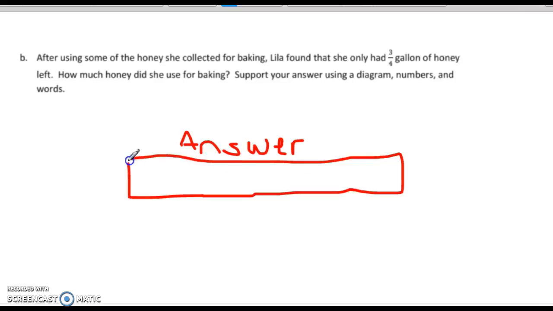We're going to break the answer into some, because she used some honey, and we don't know how much that is. This is what she used, some, and then she had 3/4 of a gallon of honey left. So there's 3/4 left.